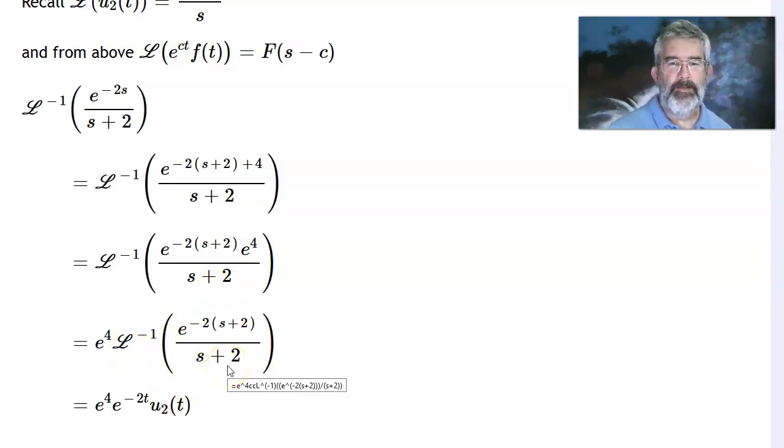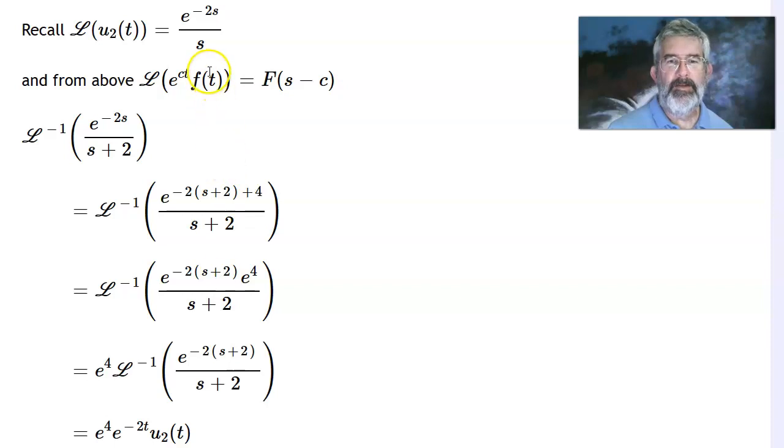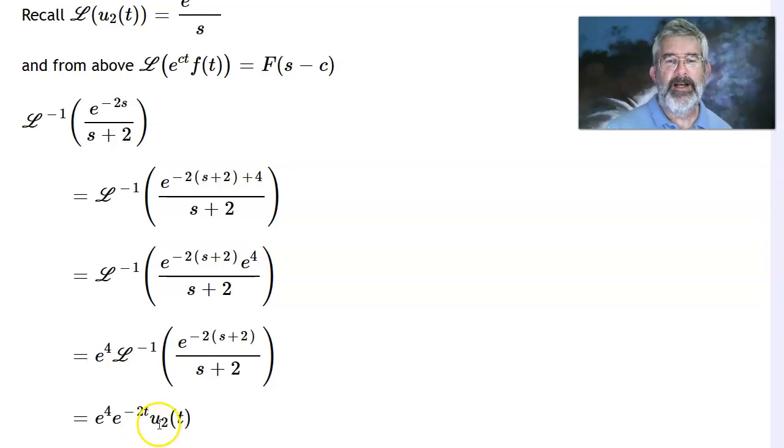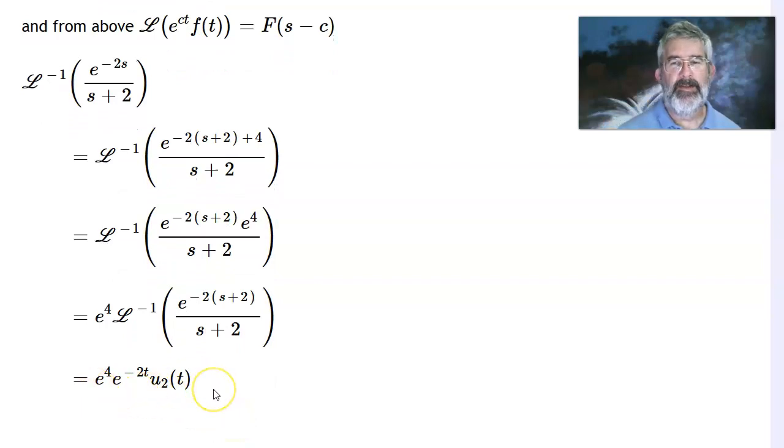And now this, slide down a little bit, this really does look like that with all of my s's replaced by s plus 2's, which means that the inverse Laplace transform is, yeah, u2 of t, but times e to the negative 2t. Because the shift here, remember, it was an s minus c. So this is s minus negative 2, and so the c there is negative 2. So the e to the 4 was already out there, and now I've got this.